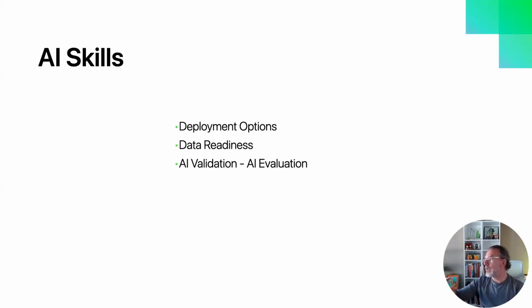Okay. The other one is AI validation and AI evaluation. With AI evaluation, I talk about testing different models and understanding the difference in performance between them, but also that model drift that I talked about, right? At what point is the data that the model is trained on becoming too stale for you to use?